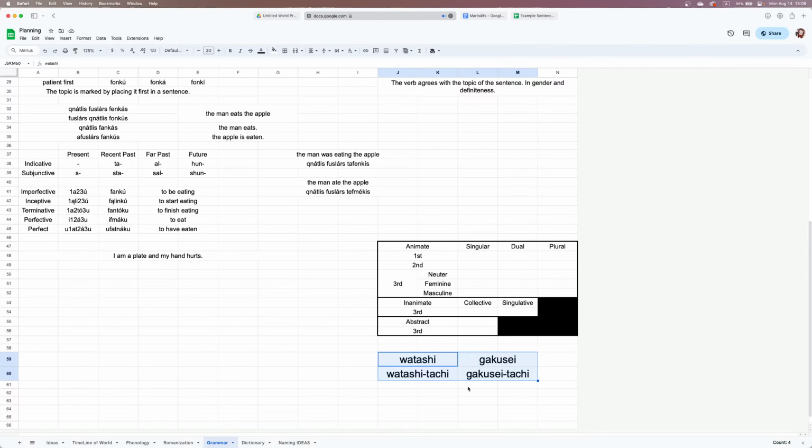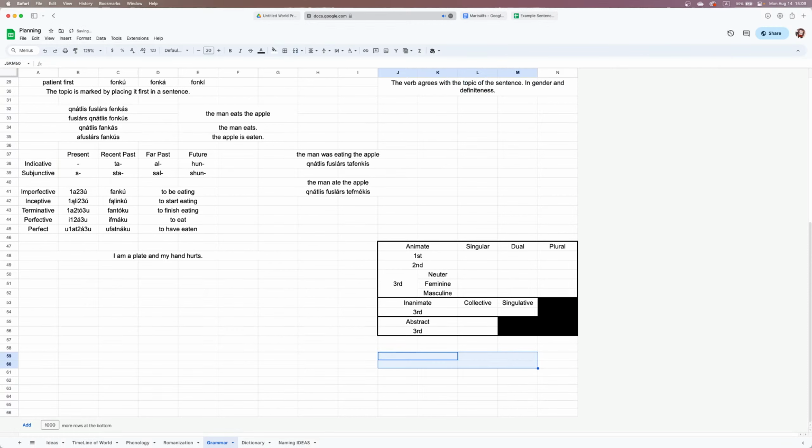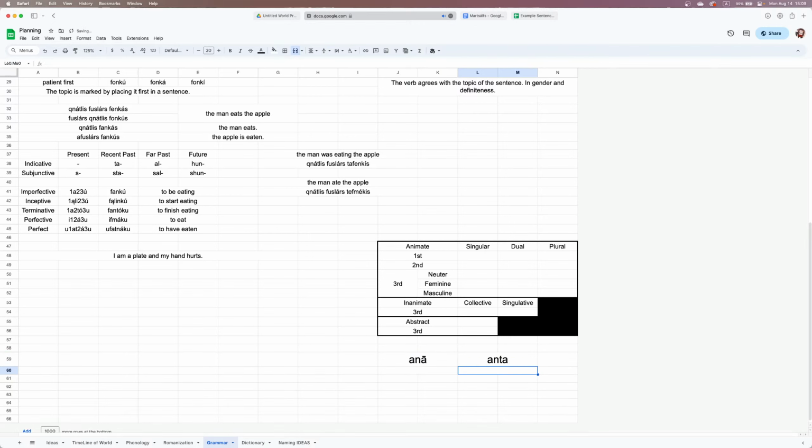You could also have pronouns be less independent words and more clitics. You'll usually find that in highly inflective or highly fusional languages. So in classical Arabic, they only really have subject pronouns for the personal pronouns. I is ana, you is anta.